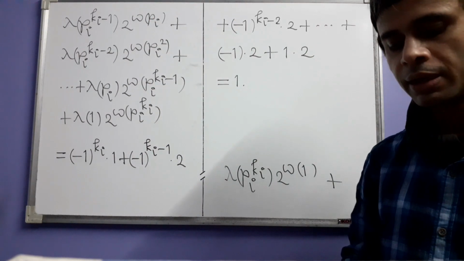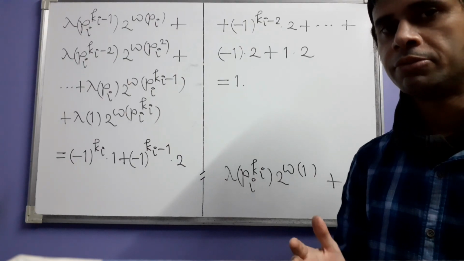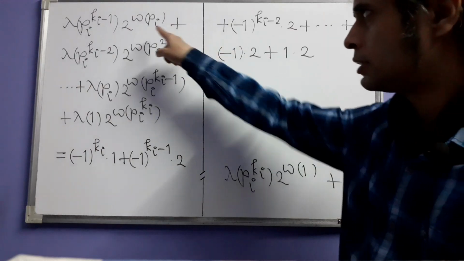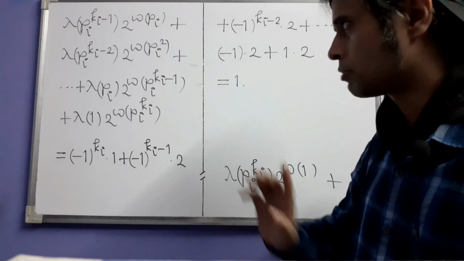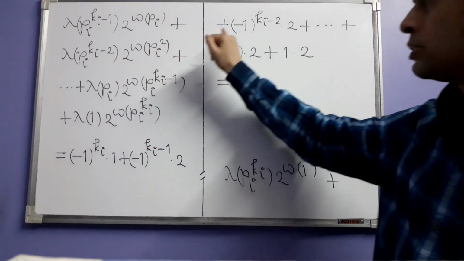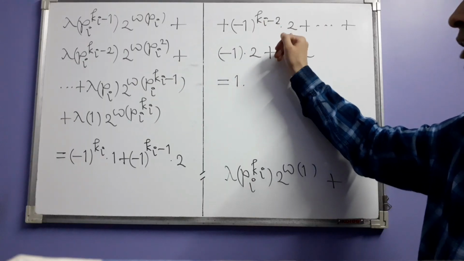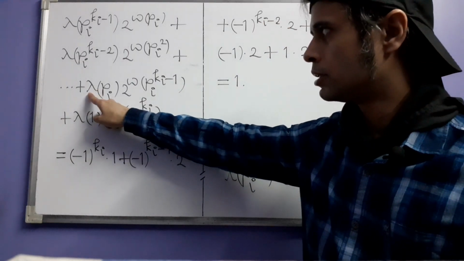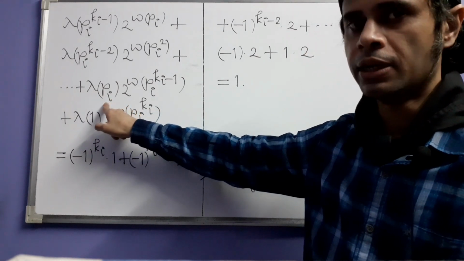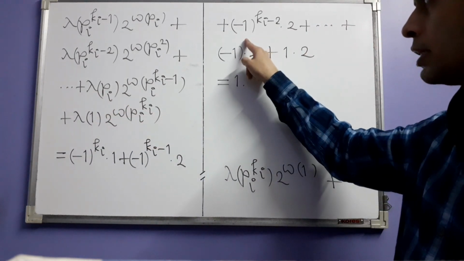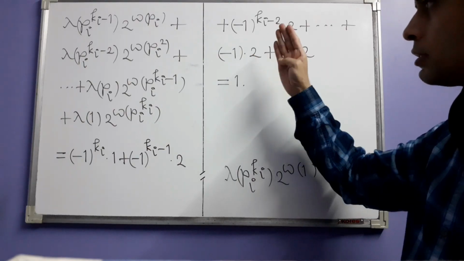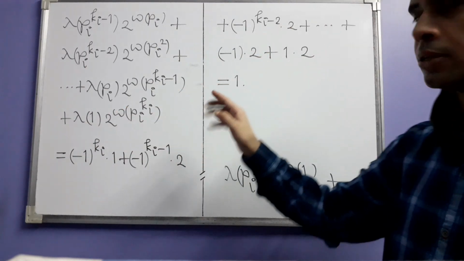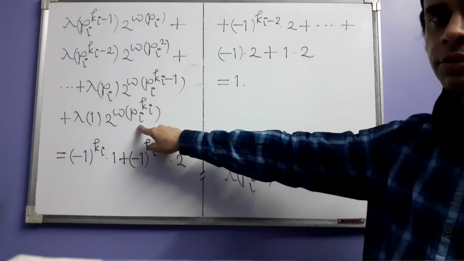Omega of pi is the number of distinct prime divisors of pi, which is 1, because that's just pi. So here you have 2 to the power 1, so that's why 2. Similarly, this one is minus 1 to the power ki minus 2 times 2, and it goes like this. Eventually you have lambda of pi, which is minus 1 to the power 1, so that's just minus 1 times, this is still 2, and finally lambda of 1 is 1 times, this is again 2, because the exponent is 1.